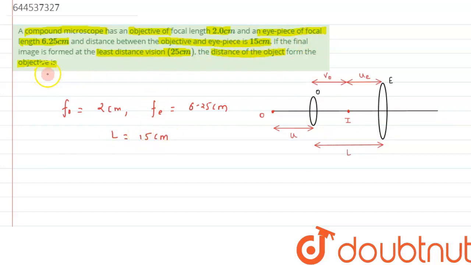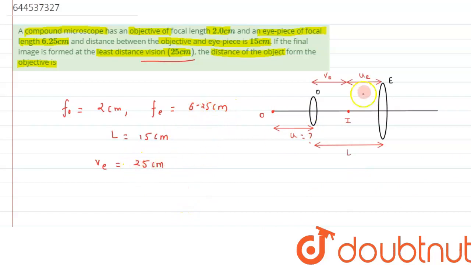We have also been given that the final image is formed at least distance of vision, 25 cm. As the final image is formed by the eyepiece, we have been given VE, which is nothing but 25 cm. Alright, so these are all the data given to us, and we are interested in finding the distance of the object, that is the value of U.